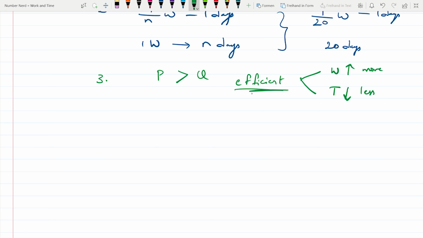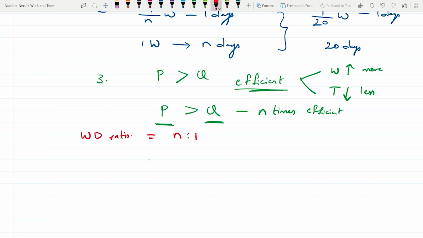This is what efficient means. Then assume P is N times more efficient than Q. Then the ratio between the work done by P and the work done by Q will be N:1. This is the work done ratio of P and Q.